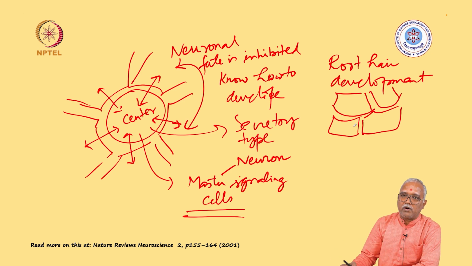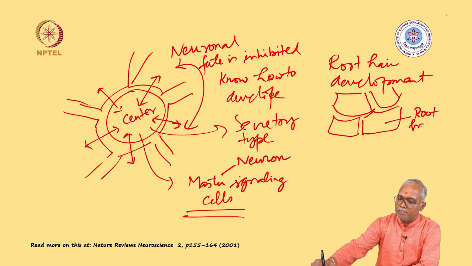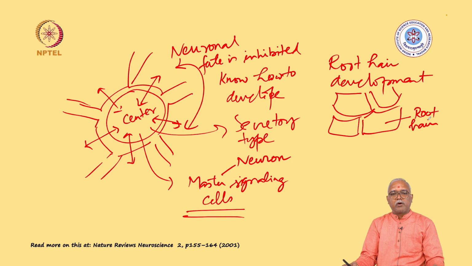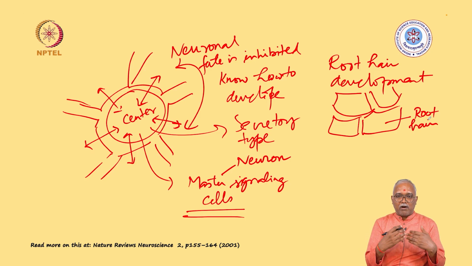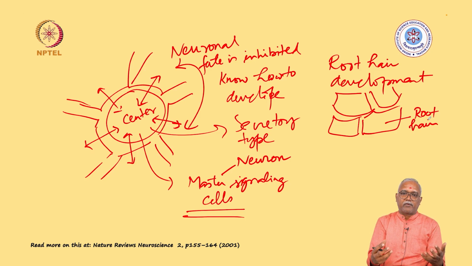The one which was in contact with two cells became the root hair cell, and the other one became non-root hair cell. So the contact over there, at least it was not physical contact between the two cells, rather secretory peptides were coming from this cortical cell, deciding which cell becomes the non-root hair cell and which cell becomes the root hair cell. But somewhere there is a component of how many contacts it is making, right?